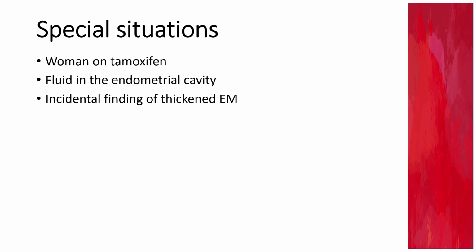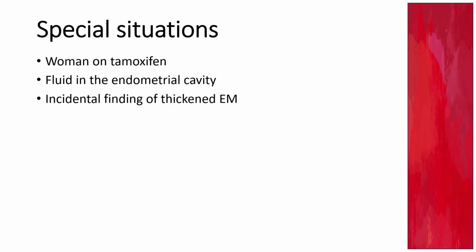Another situation is when you take a transvaginal sonography in a postmenopausal woman with bleeding. There may be presence of fluid in the endometrial cavity. The fluid may be either serous fluid or pus, or it may be blood. And the fluid may compress the endometrium, and the measurement of endometrial thickness may not be accurate.